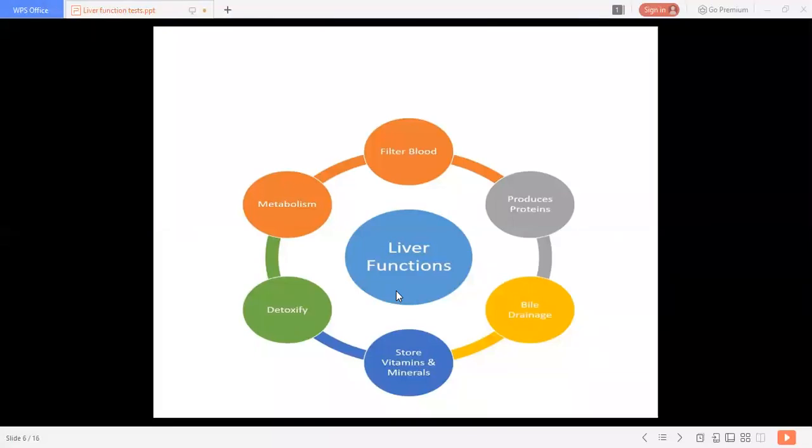Then conditions related with nutrition, nutritional deficiencies. Malnutrition. Right. Then fatty liver, fatty infiltration, fatty degeneration.